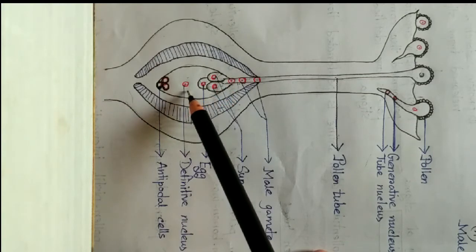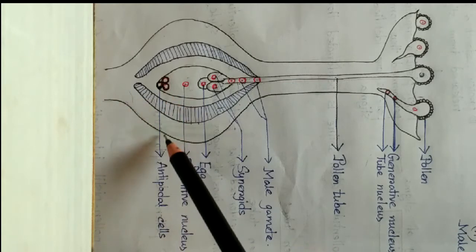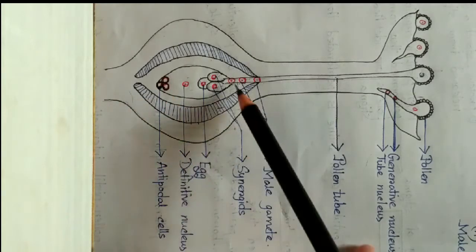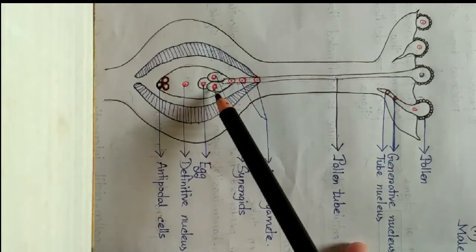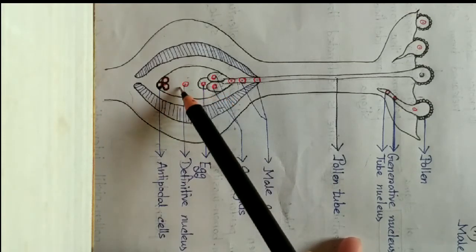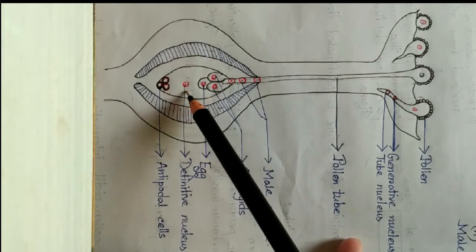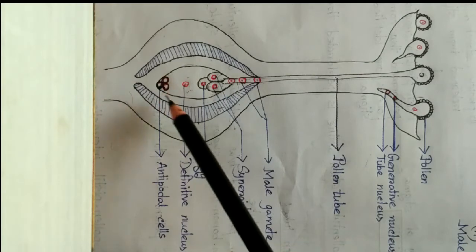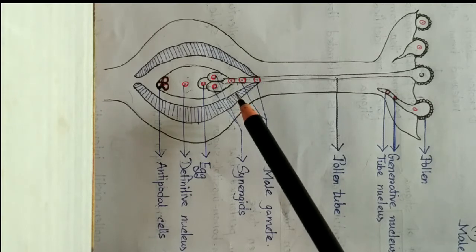One is the definitive nucleus and 3 more are antipodal cells. Synergids are the helping cells. And this is the definitive nucleus. This is the only nucleus which is diploid, that is 2n. The other 7 nuclei are all haploid, that is n.